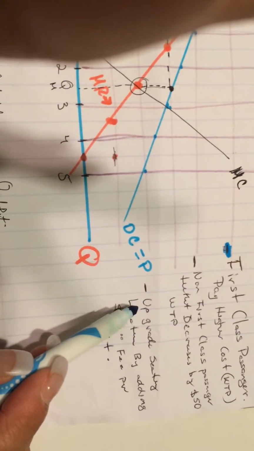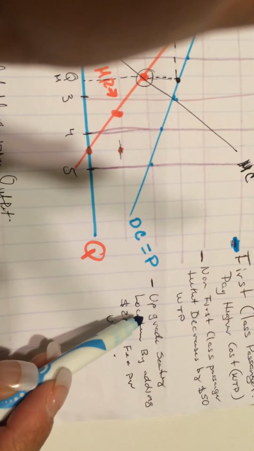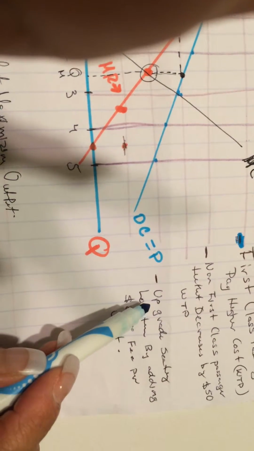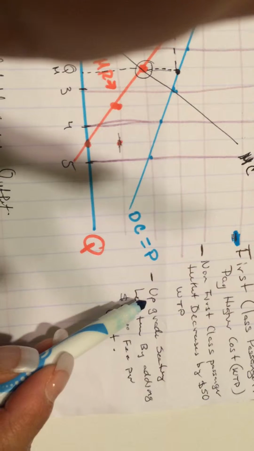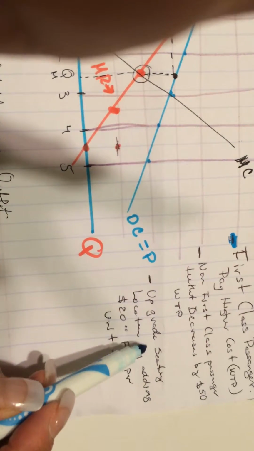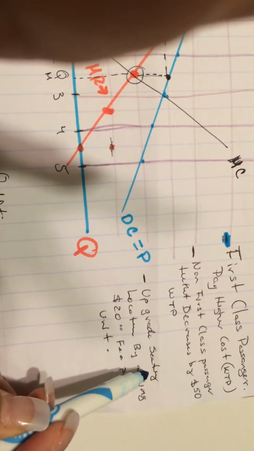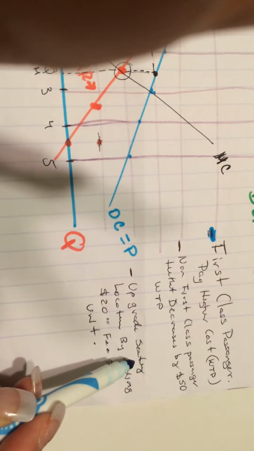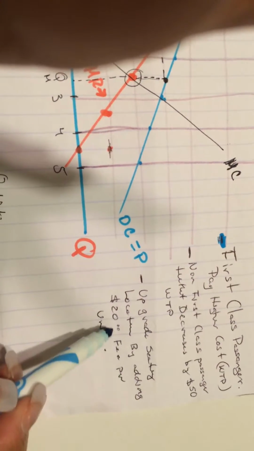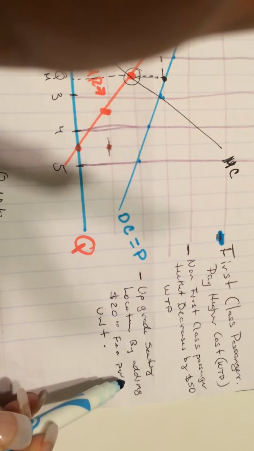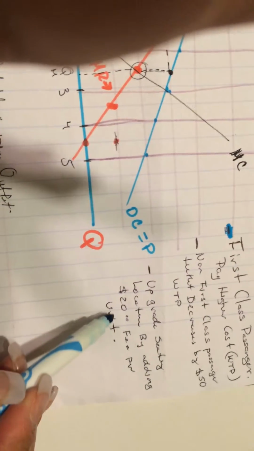Now, in this market, which is a monopoly with price discrimination, they're also classifying customers who are willing to pay another upgrade just by being able to select their seating on the airplane.